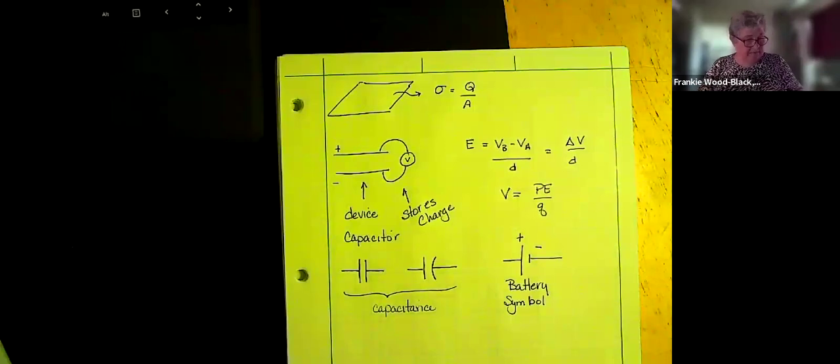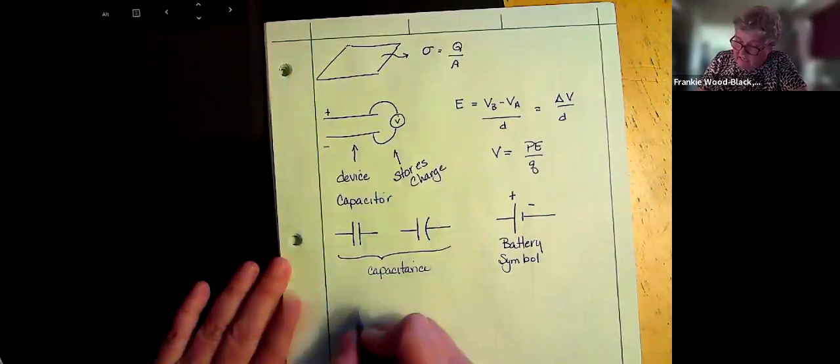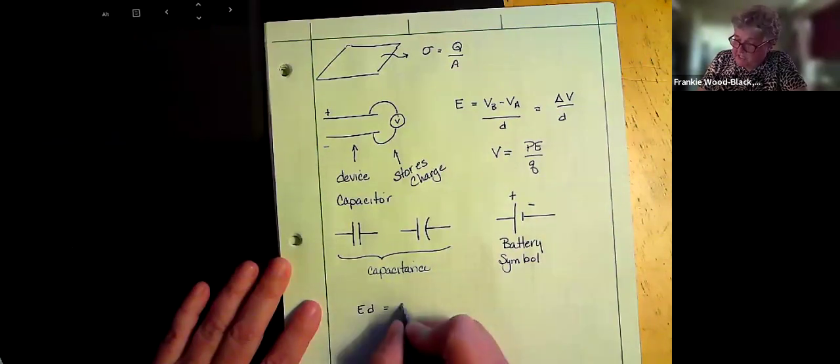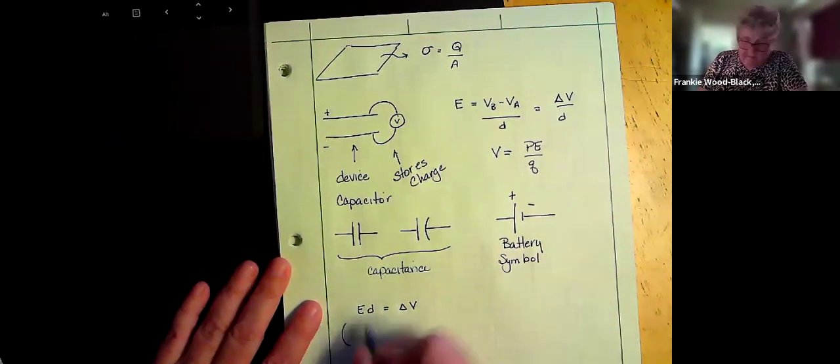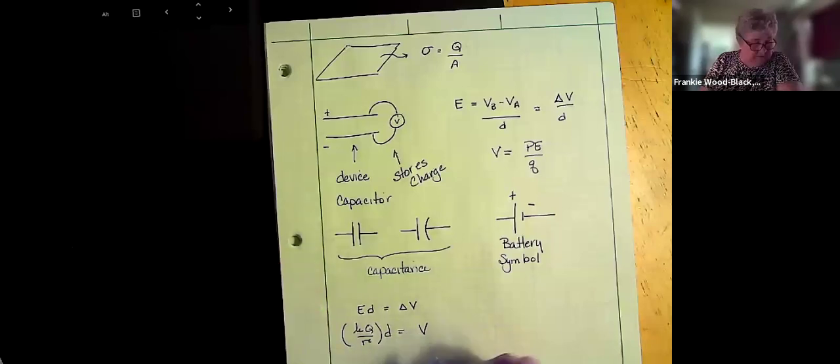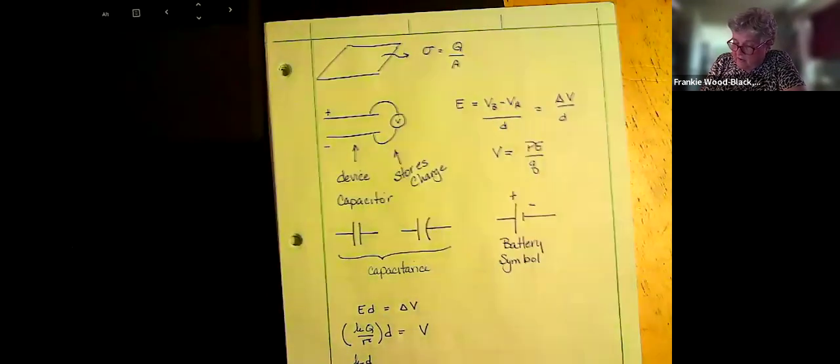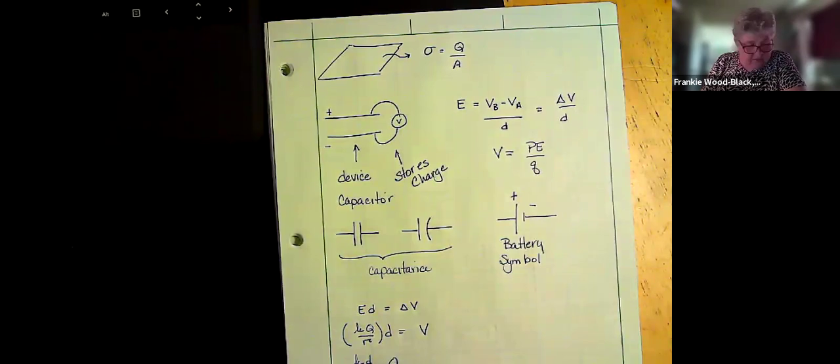All right. So now if we do that as a device, let's look at our E. E times D is equal to my change in potential. This is my KQ over R squared times my D, which is going to equal my potential. And if I rearrange these things, KD over R squared times charge is equal to potential.